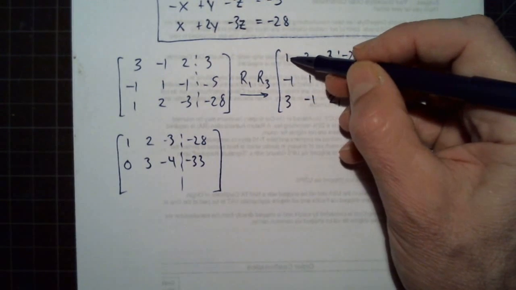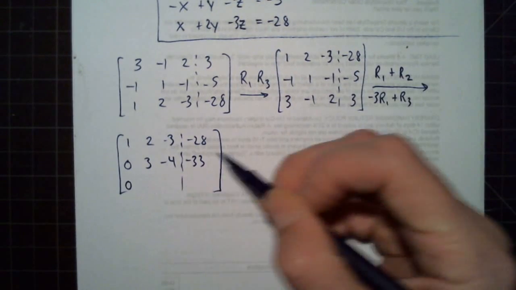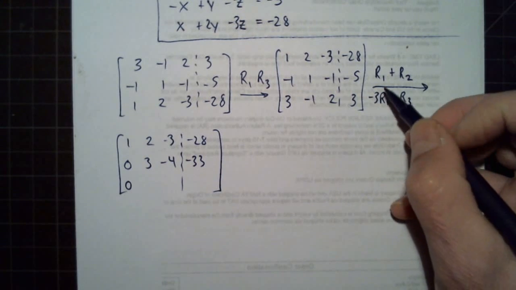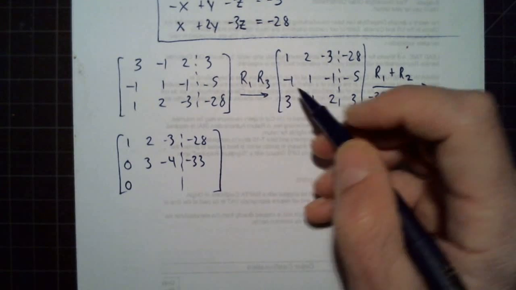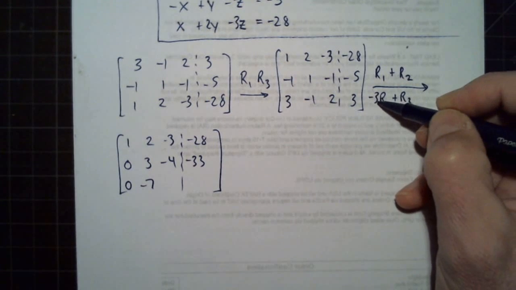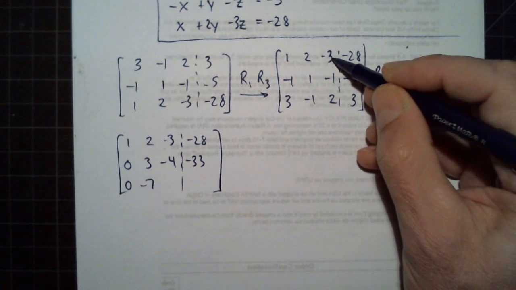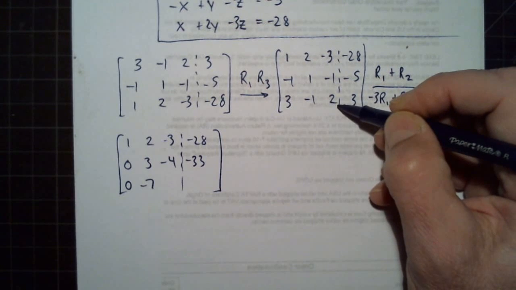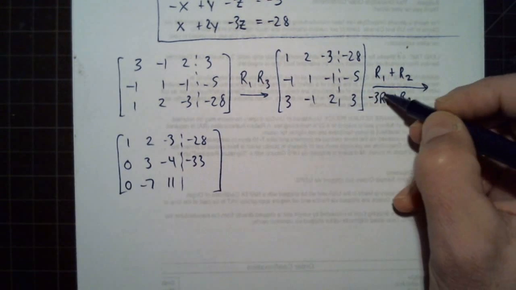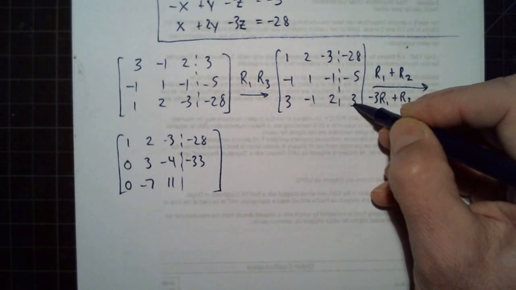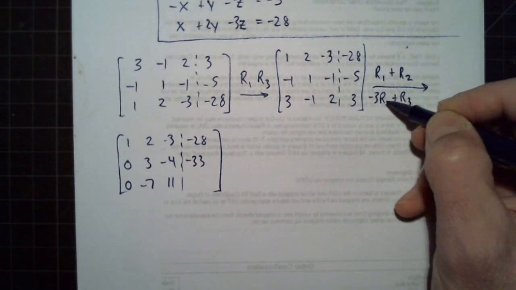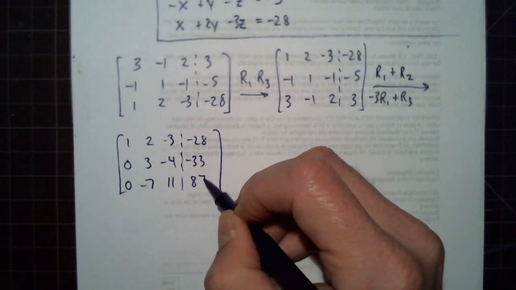So that'll be a -3 plus 3. Then we're going to go -3 times 2 is -6 plus -1 is -7. We'll go -3 times -3 is 9 plus 2 is 11. -3 times -28 plus 3 gives us 87.